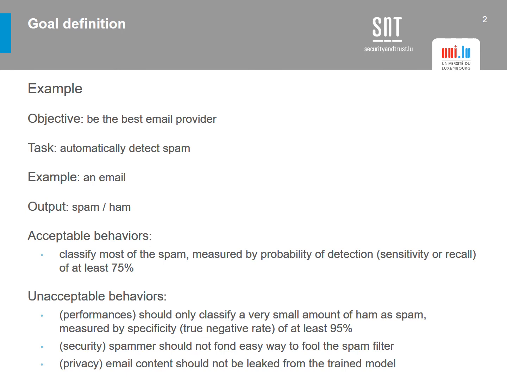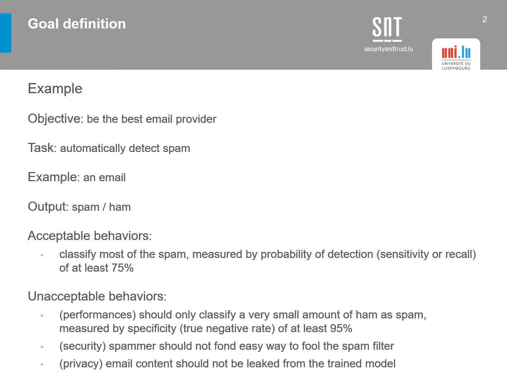Another type of unacceptable behavior can be related to security. In terms of security, a spammer should not be able to find an easy way to fool the spam filter. For example, as we discussed before, if the spammer replaces some alphabets with letters that are very similar to the original ones, and by doing so, he or she is able to fool the spam filtering model, then it's not good.